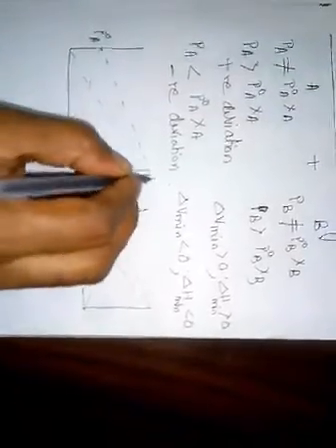Accordingly, we have taken the graph like this. These dotted lines give Raoult's law vapor pressures, P naught A, P naught B. This is mole fraction.